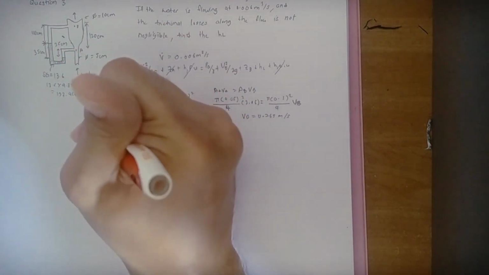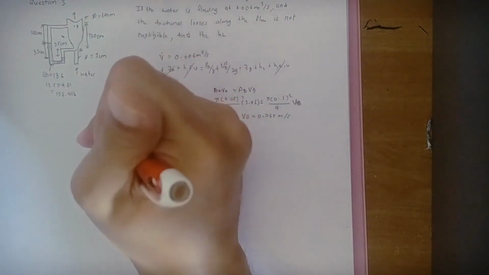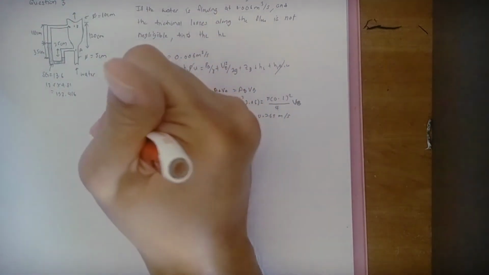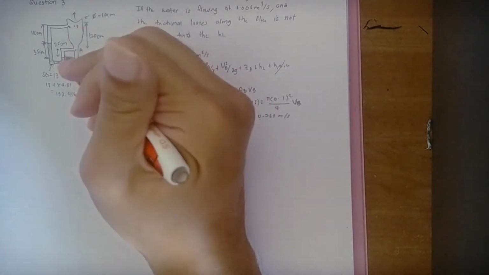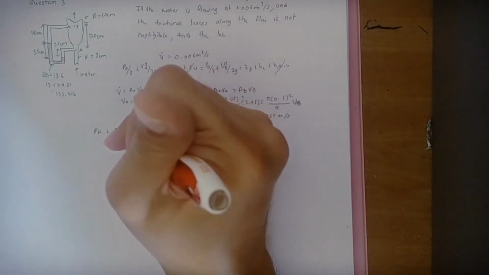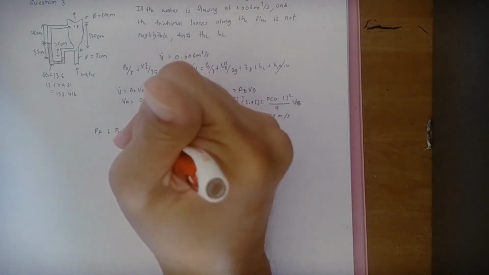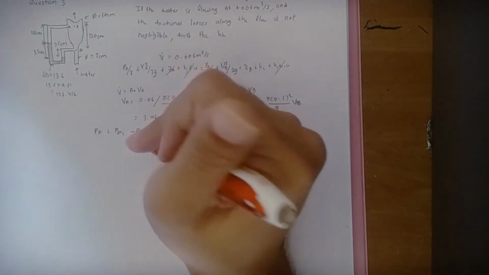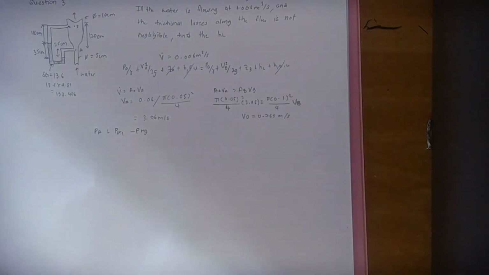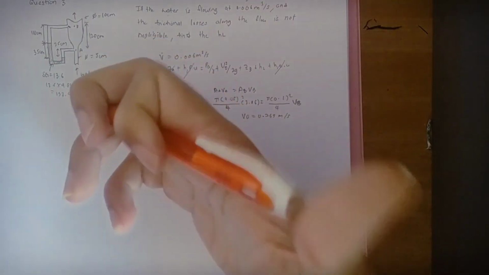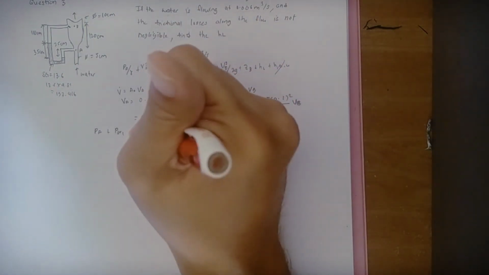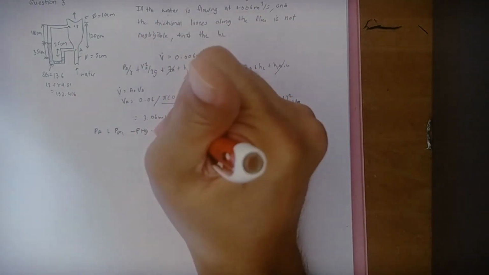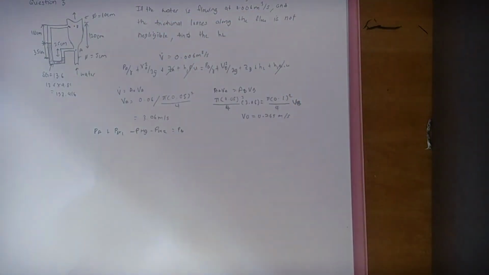So PA plus lambda water times h1, since it is going down, it's a plus, and minus lambda mercury, because the lambda is for the mercury, minus lambda water times h2 is equal to PB.